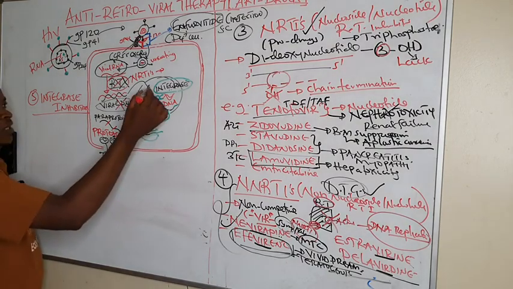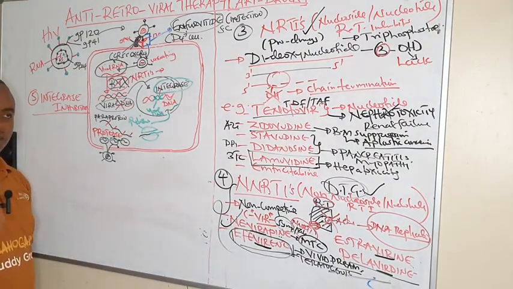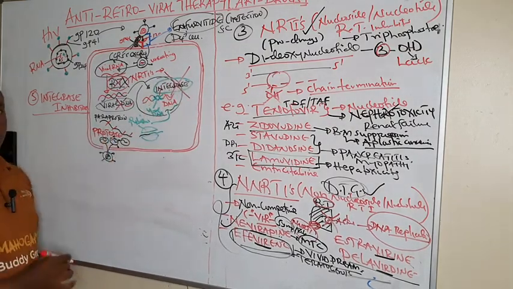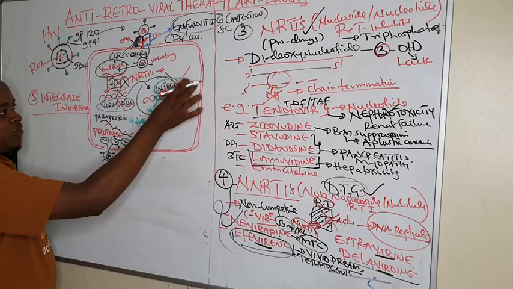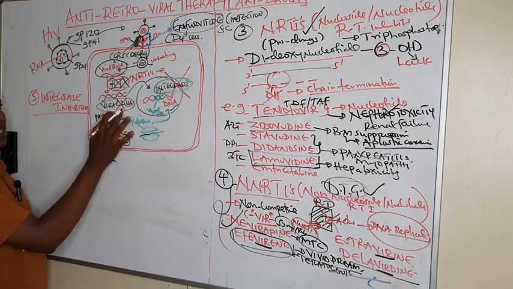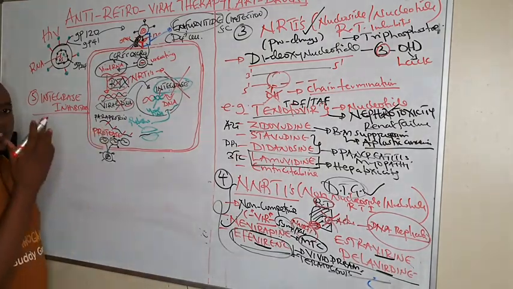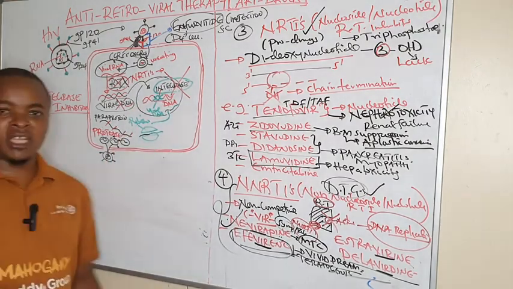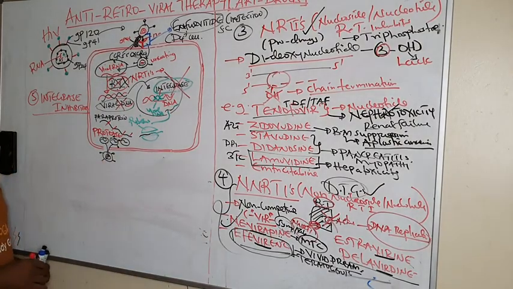So this integrase enzyme, which is responsible for incorporating the viral DNA into the host DNA, we can use certain drugs that can inhibit. And when I inhibit integrase, it means the viral DNA cannot be incorporated into host DNA, so it will be destroyed. And without being incorporated, the virus cannot replicate to form many copies, hence preventing increase in viral load.